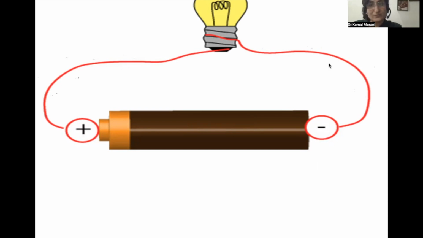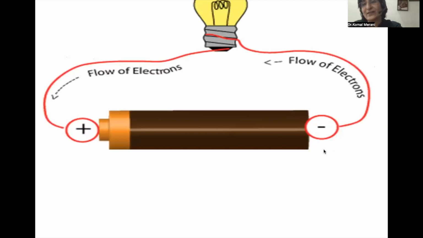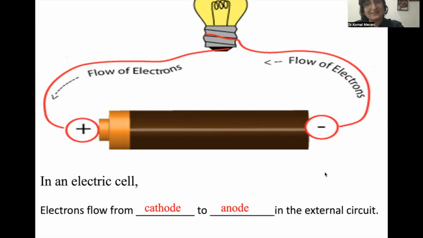Will it be positive to negative or negative to positive? Yes, definitely they will flow from where they are in excess. They are excess in cathode. So they are going to flow from cathode to the anode in the external circuit.